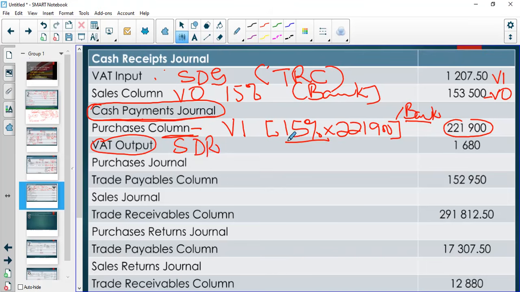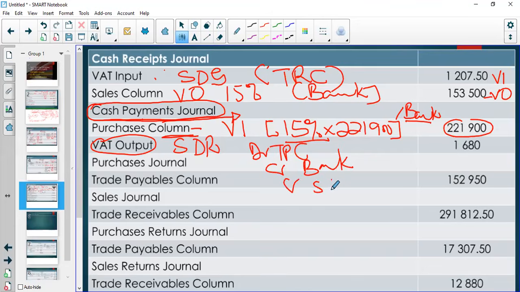Right. So the account that was affected, remember that we have to say we are making payment to a creditor or to a supplier, then we're gonna, because a supplier is a liability, trade payables is a liability. If we make payment, we are reducing the liability. So we have to debit trade payables control, and then we credit bank.